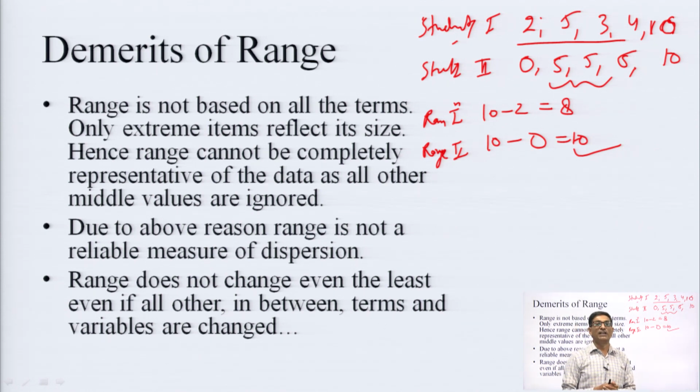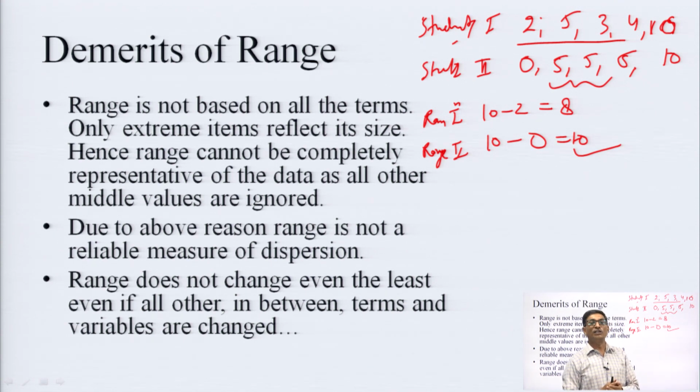Due to the above reason, range is not a reliable measure of dispersion, because it does not give the whole picture of the data, because in the calculation we use only two values, the largest and smallest value. So, for this reason range is not a reliable measure of dispersion, because it cannot completely define the picture of the data.